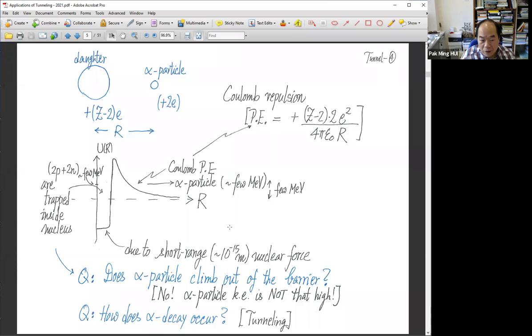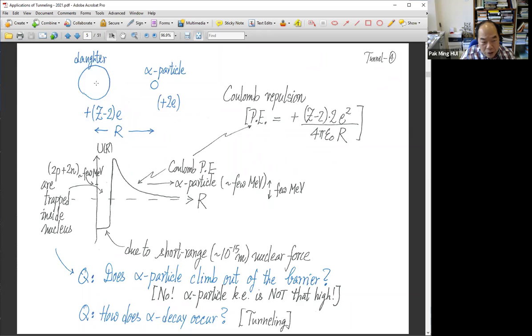So the idea is as follows. We have the nucleus, and inside which we have an alpha particle. Sometimes it wants to come out, and occasionally it can come out. So after it comes out, we have an alpha particle which has plus 2e charge, and then the daughter, the remaining thing, has 2 protons come out, so you have a minus 2 charge in the so-called daughter nucleus.